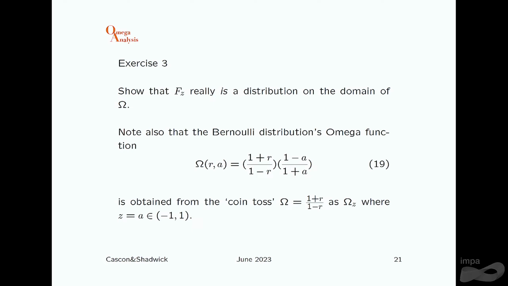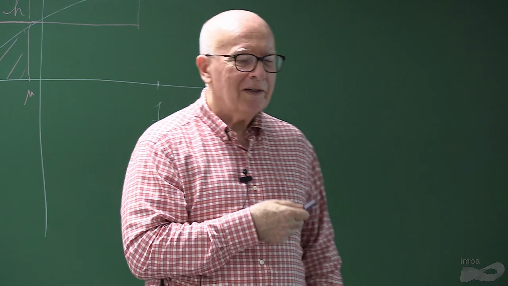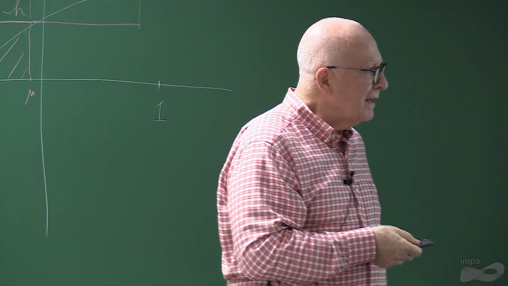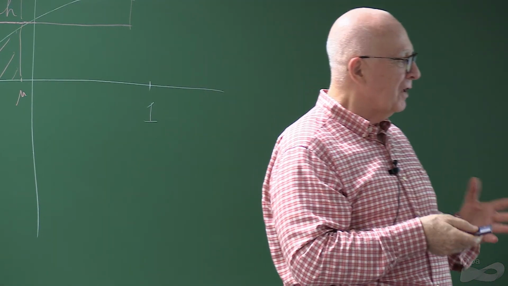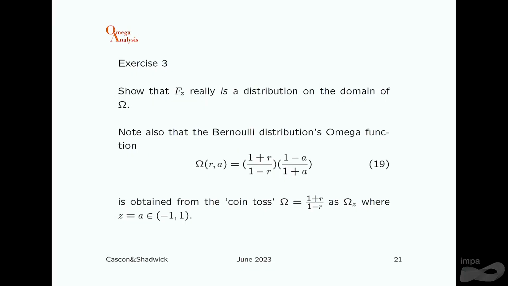I don't know how many times I've used the word remarkable in this series so far, but this is, I think, really remarkable. You start with this sort of atomic, elemental omega function, the coin toss distribution.